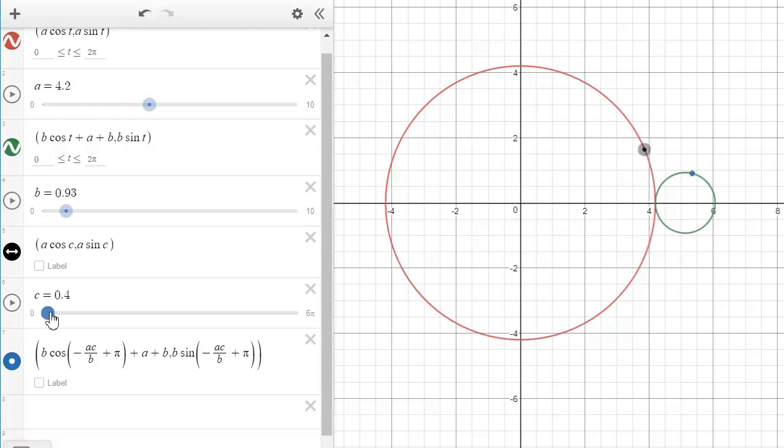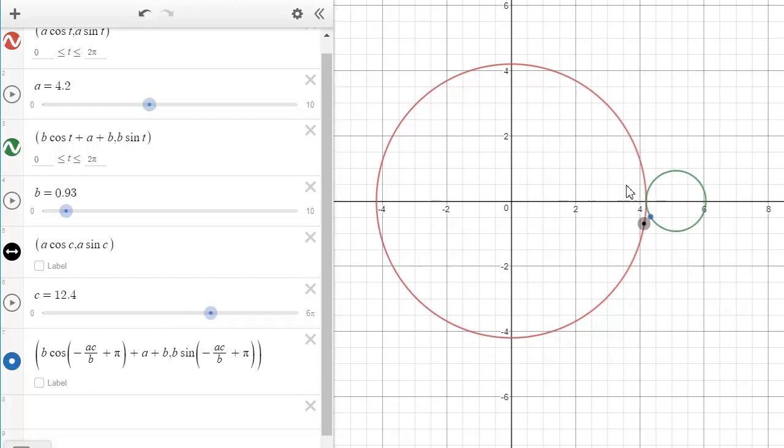So look at this. Keep an eye on the black particle. By the time it does 1 revolution, you can see that the two particles don't actually meet. Let's do the second revolution. Going around again here, they don't actually meet, even though they look like they're going to meet.